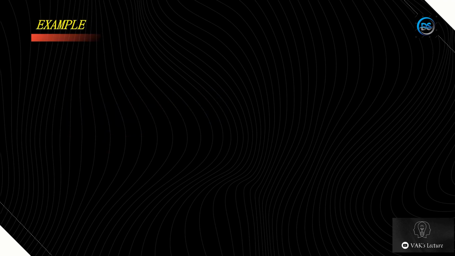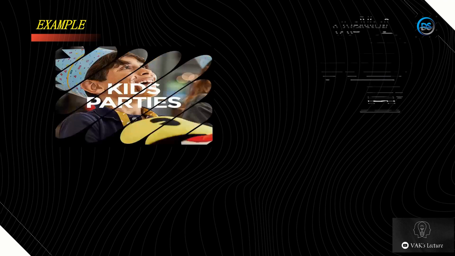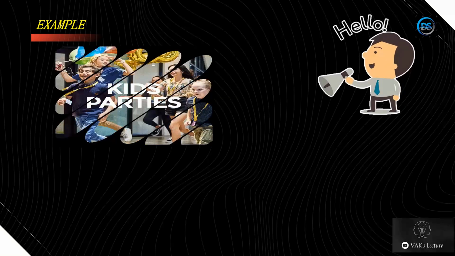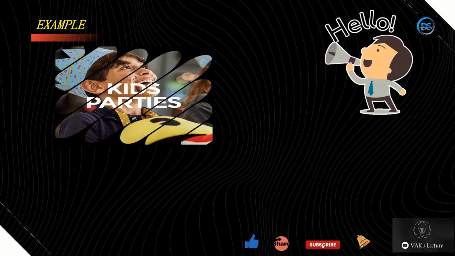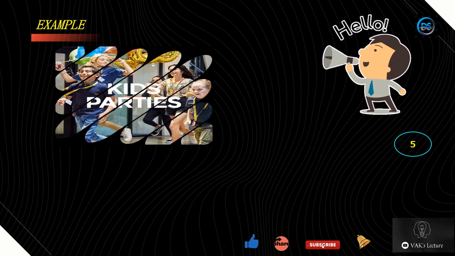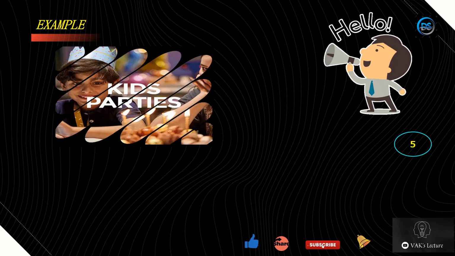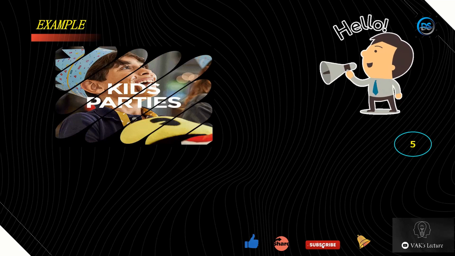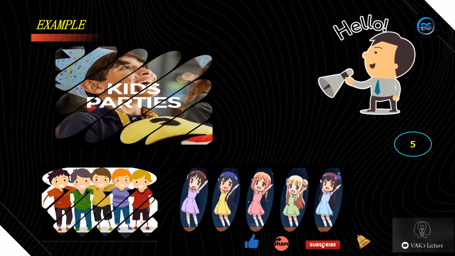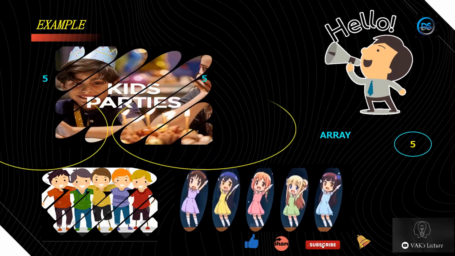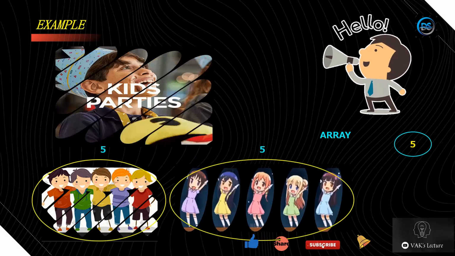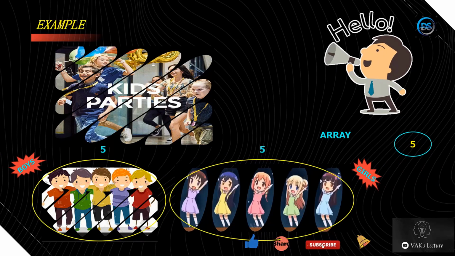Let us understand it with an example. Suppose you go to a party and the host makes you play a game and fixes the number of participants also. Suppose they fixed the number of participants as 5 and also they decided that only boys or girls can play this game. Doesn't it form an array? Here the number of participants is fixed and the type is boys or girls.